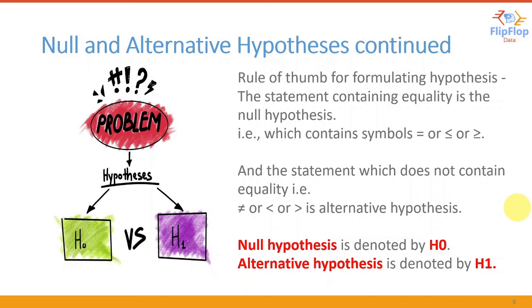So the null hypothesis in general is denoted by H0 and alternative hypothesis is denoted by H1. To summarize here, H0 is the no difference hypothesis as we assume it to be true until proven otherwise.